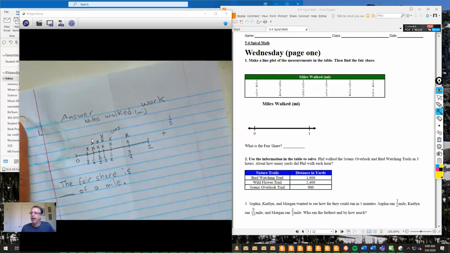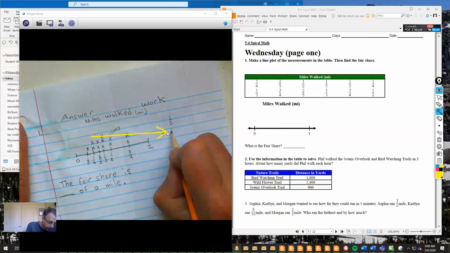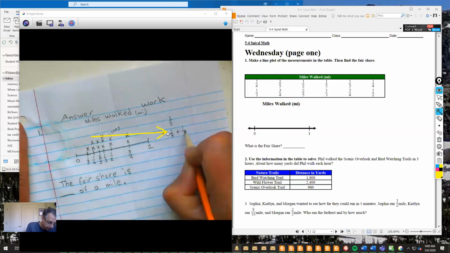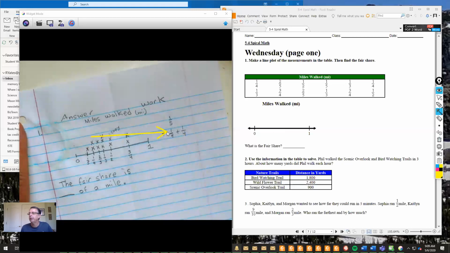Now for 1/4, I have 1 and 2 X's right here. So now I'm going to put those two fractions here, 1/4 and 1/4. Because there's 2 X's, that means I need to put 1/4 2 times.